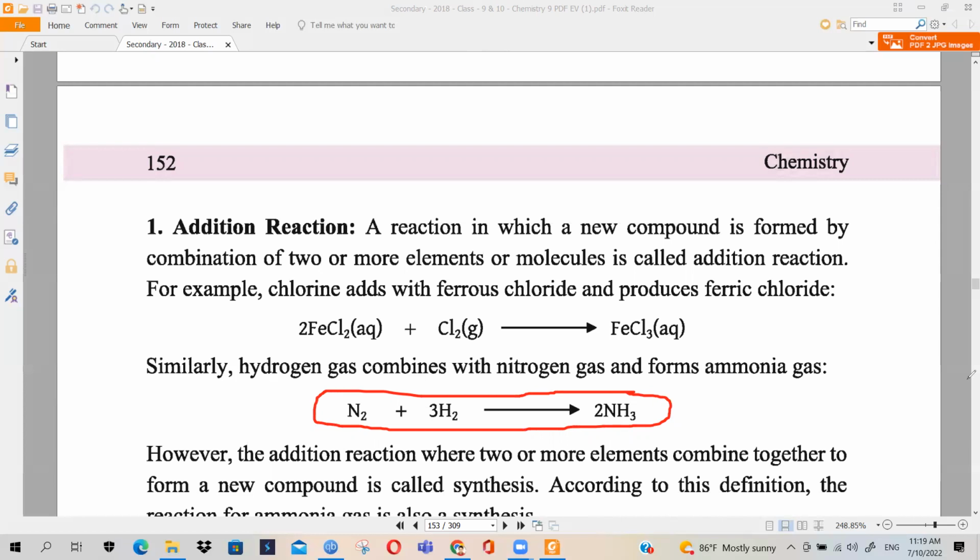First of all, write down the oxidation numbers, then see the change in the oxidation numbers, and based on that, write down the half reduction reaction and half oxidation reaction.